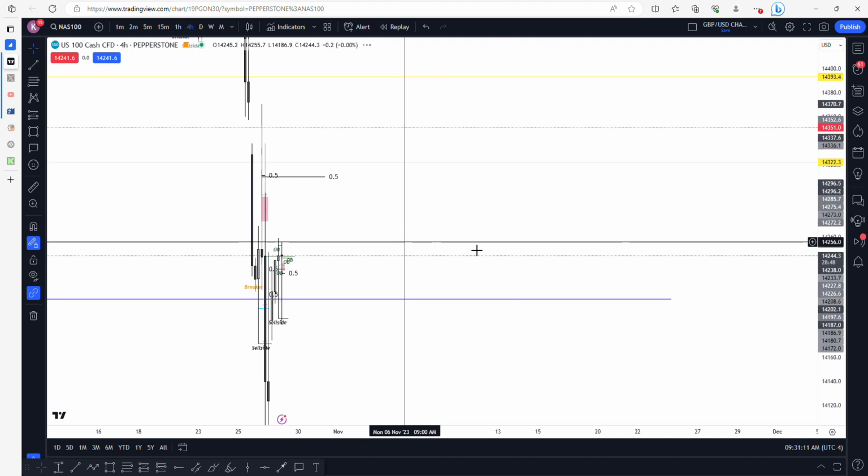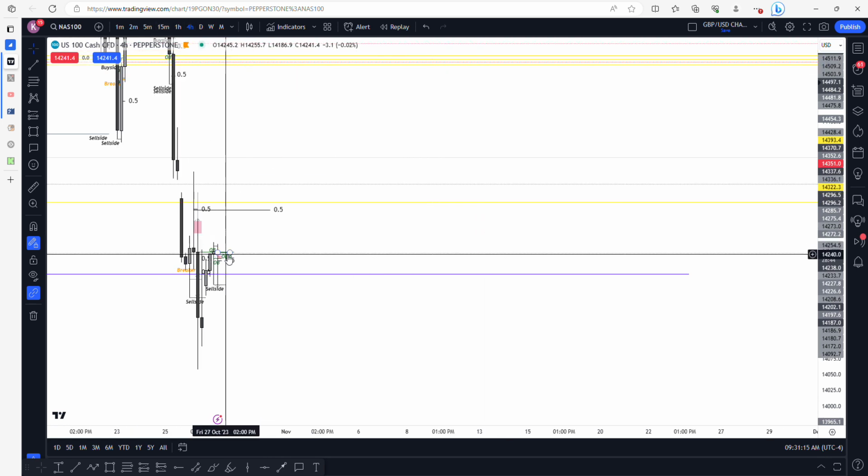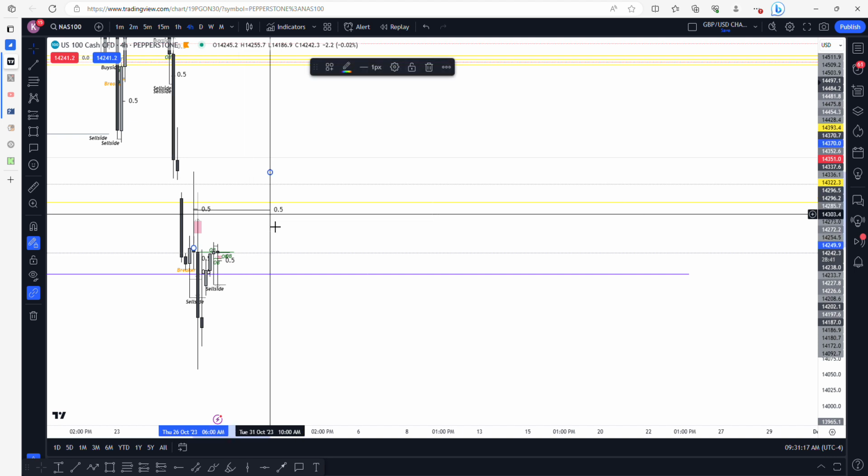Also, I was looking at this wick, because just in case the price wants to go back up, we can see how it reacts to that.